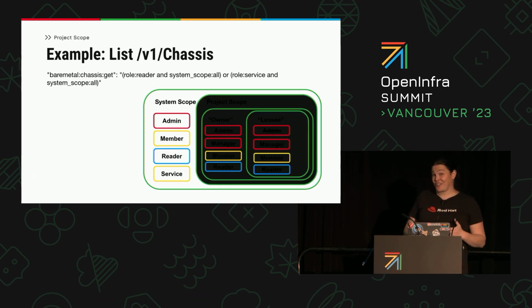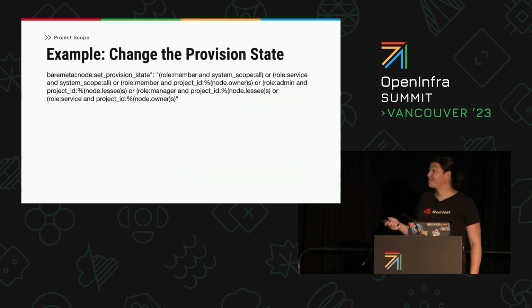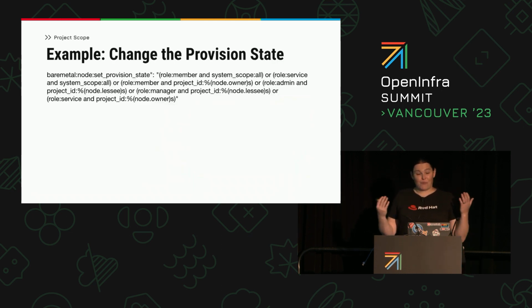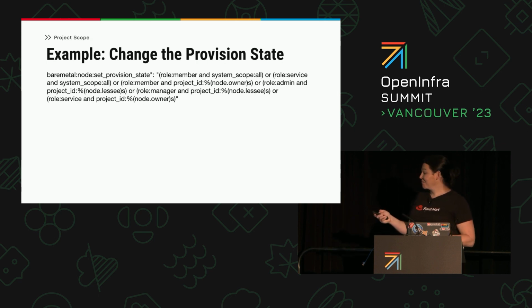This logic also gets applied very similarly with queries on fields. An example of the chassis field type is there is no project logic applied. It's restricted entirely to the system scope. And if you want to change provision state, well, I see a lessee there, and a manager, and a lessee, and an admin.